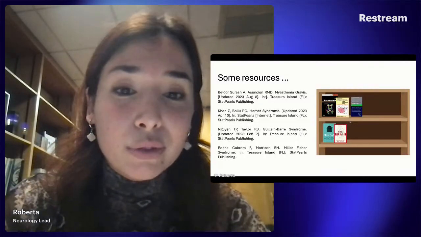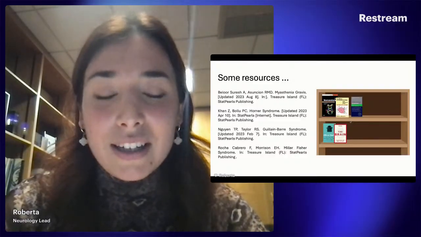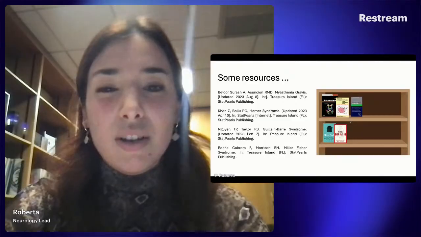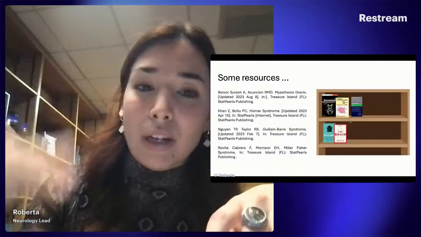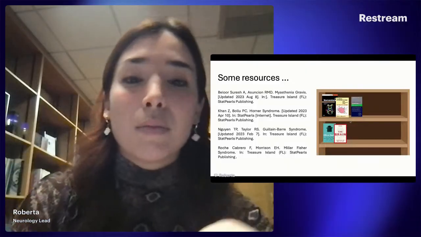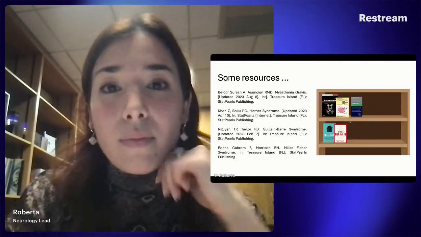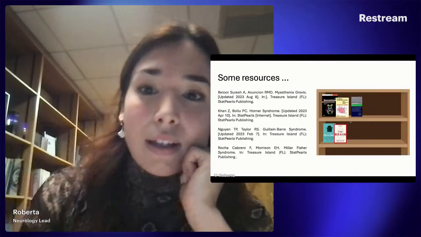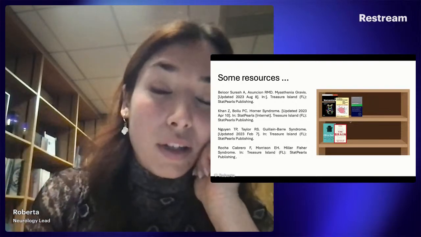Neuroanatomy books are always helpful, especially if you're more of a visual learner. This one in particular will explain the anatomy, break it down into systems, and then present some common presentations that come with some anatomical defects.